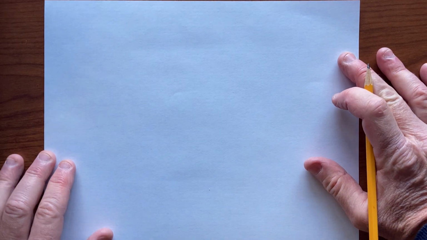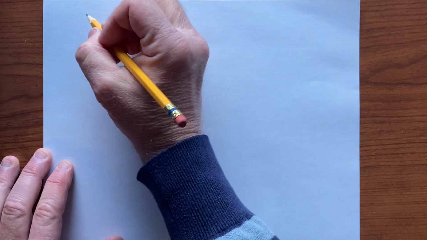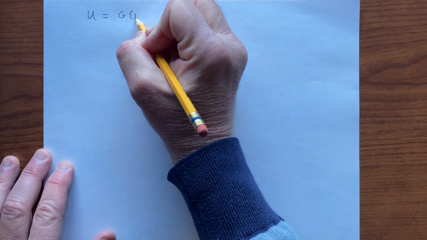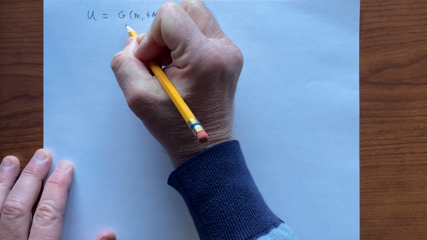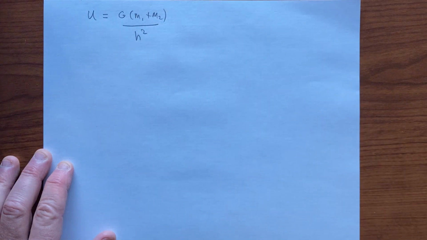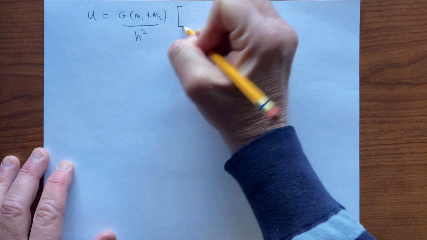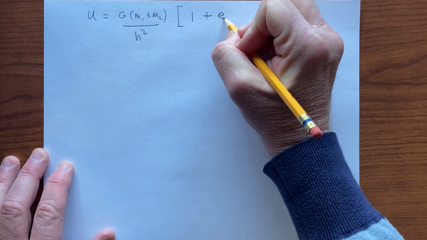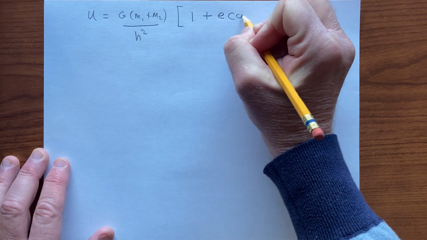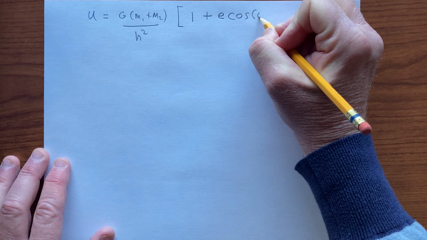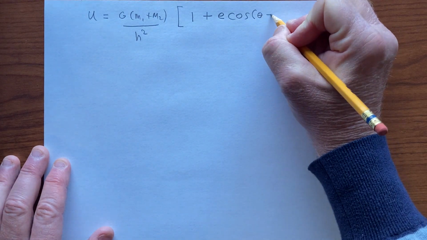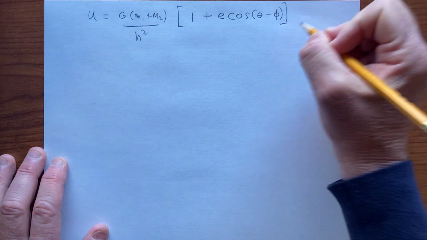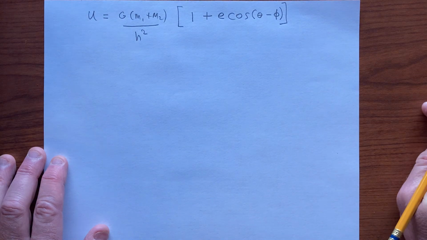So the solution to that, which we can check, is u equals, there's going to be a harmonic function, a cosine function, g m1 plus m2 over h squared, times 1 plus, usually the solution is written in terms of the constant here as some e, cosine of theta, that's a function of theta here, minus some phi, some initial phase value.